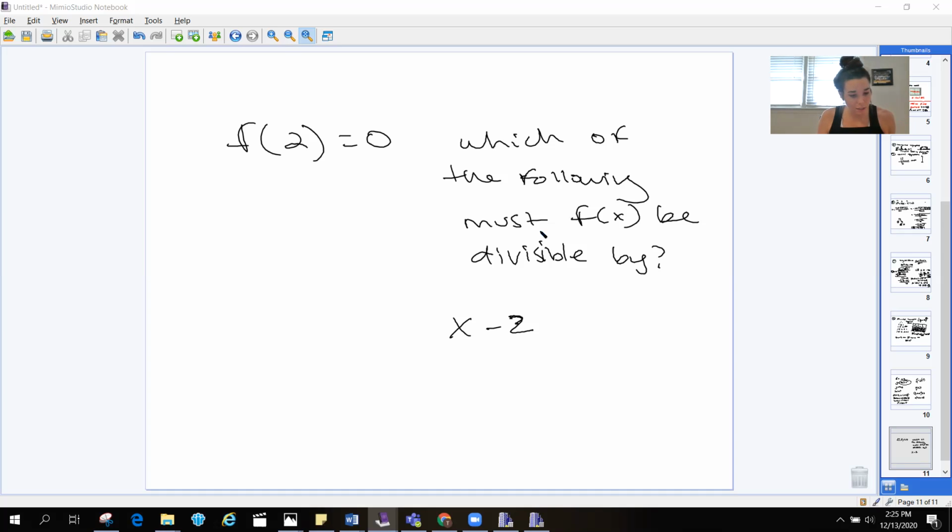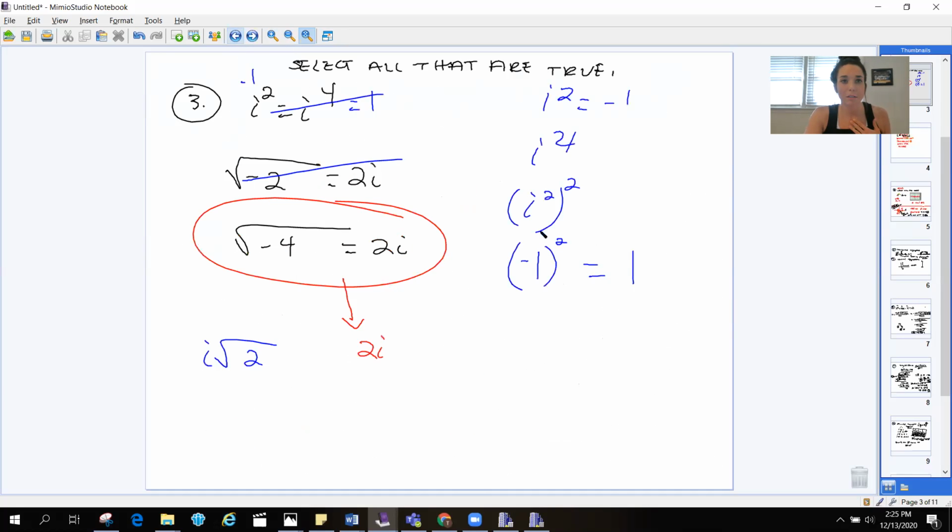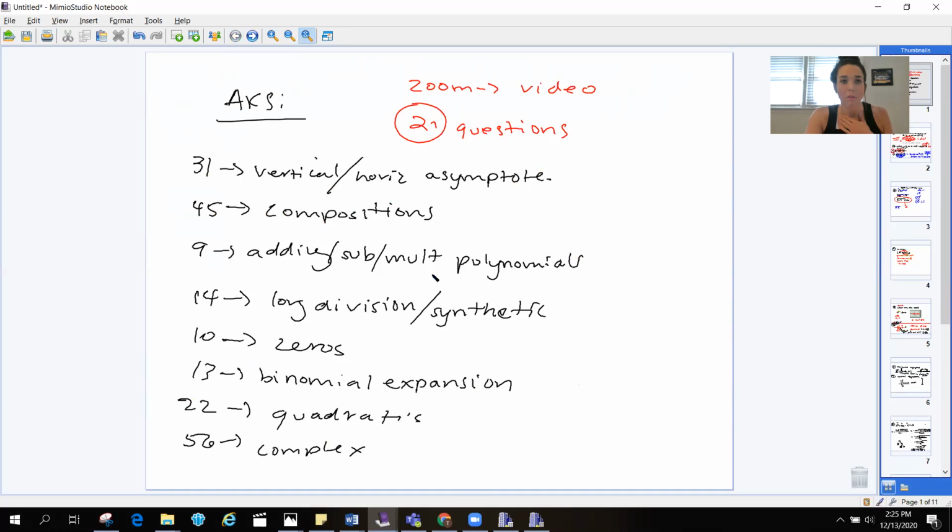AKS 15 is not on there. Is there something else you want to go over? And the AKS that are on here, let me go back to that screen. Okay, so look at these AKS and let me know which one you want me to go back over, talk about, or have questions about.